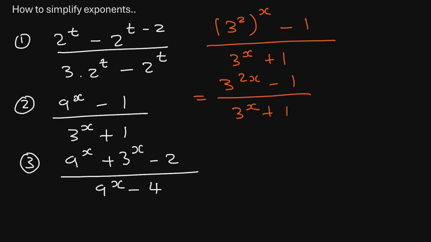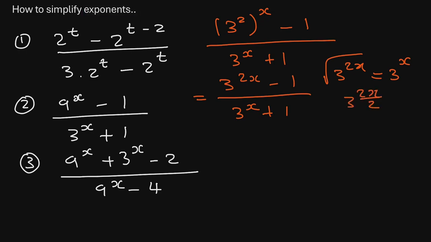Now, if we look at the expression at the top, we need to find ways to factorize it. Remember, like I said, you need to know how to factorize in different ways. If you look at this here, we have a difference of 2 squares. Because if you put 3 to the power of 2x inside the square root, that's the same thing as 3 to the power of x, because the square root simply means you divide the exponent by 2.